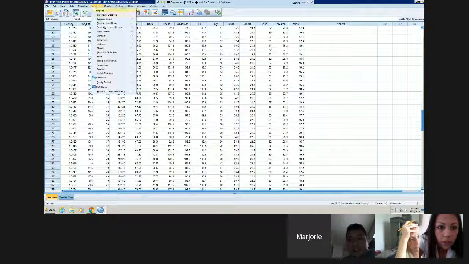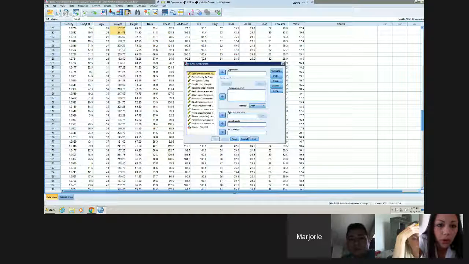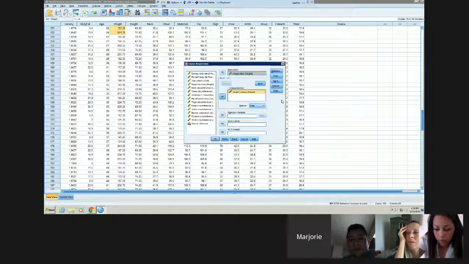Okay, so Google says go to analyze, regression, then linear. Then you're going to pull over dependent and independent variables. So what did we figure? The y was the height? No, x is height and y is weight. So y is the dependent and height is the independent. Okay.